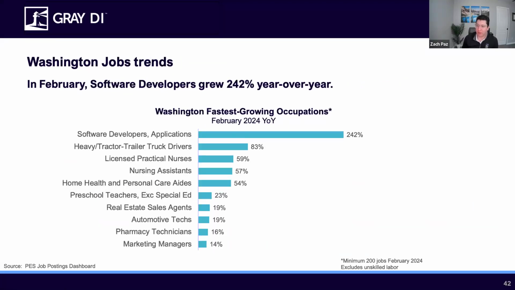And the fastest growing occupations in Washington were software developers, truck drivers, LPN, nursing assistants, home health, so a good amount in the healthcare space, teachers, real estate agents, automotive techs, pharmacy technicians, and marketing managers. Right. So again, if you want any of those 5 slides, please do reach out. We'll have someone meet with you and go through those slides with you. We'd be happy to do that.